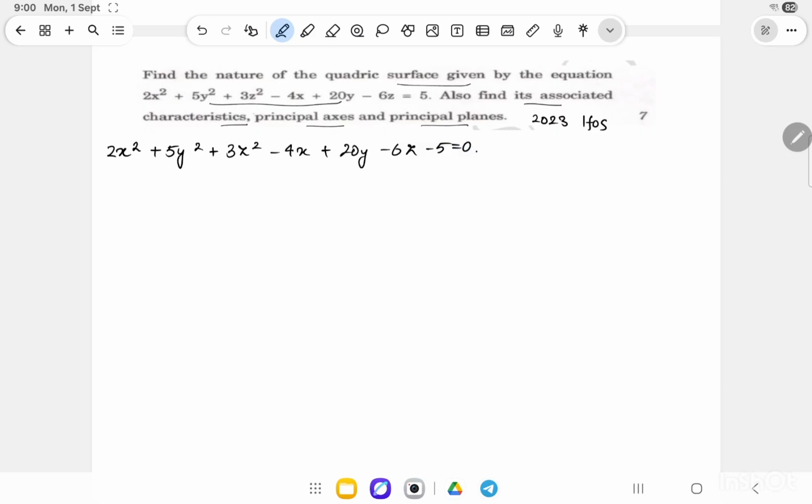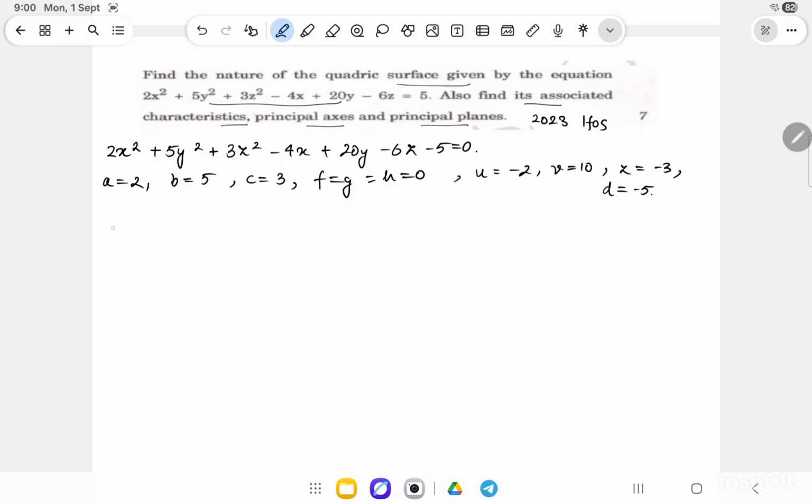So if I compare it with the general equation, I'll be getting a equals to 2, b equals to 5, c equals to 3, and since there is no term involving xy, yz and zx term, so my f, g and h are basically 0, and my u is minus 2, v is 10, w is minus 3 and d is minus 5.